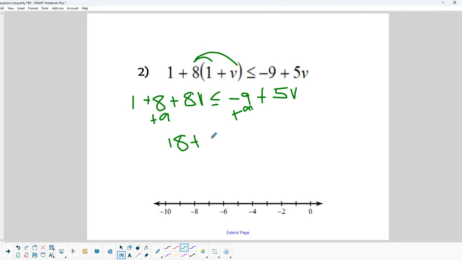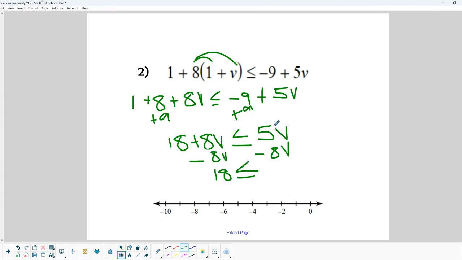18 plus 8v is less than or equal to 5v. So we subtract 8v from both sides. And that gives us 18 is less than or equal to 5 minus 8, negative 3v.